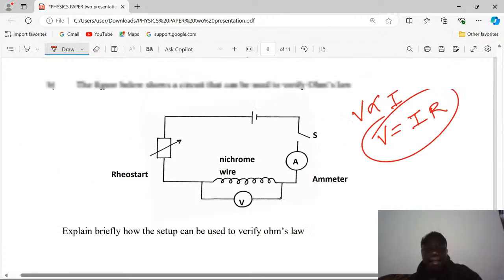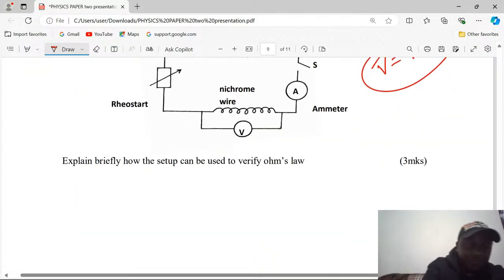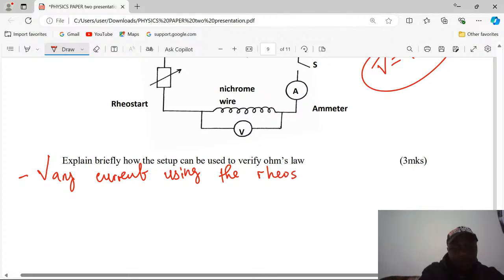A rheostat is one of the variable resistors which are available in our laboratories. We can also use a potentiometer in the same place.